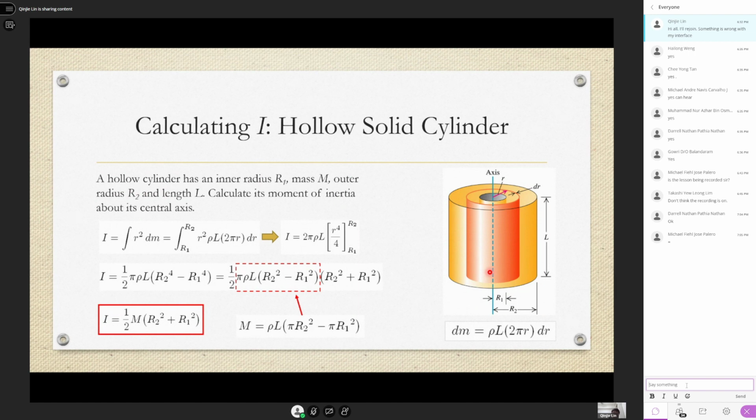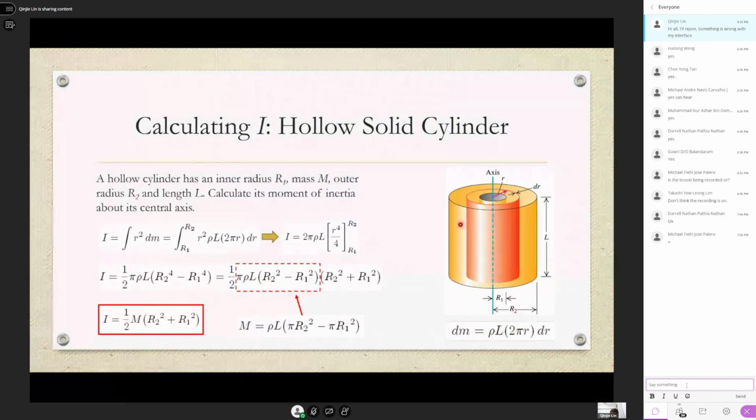So again, we apply this ∫r² dm. But we need to change this dm to something that is friendly and doable. How to change it? We'll write out something to change the dm into something more doable. Mass equals density times volume. Rho is our density.